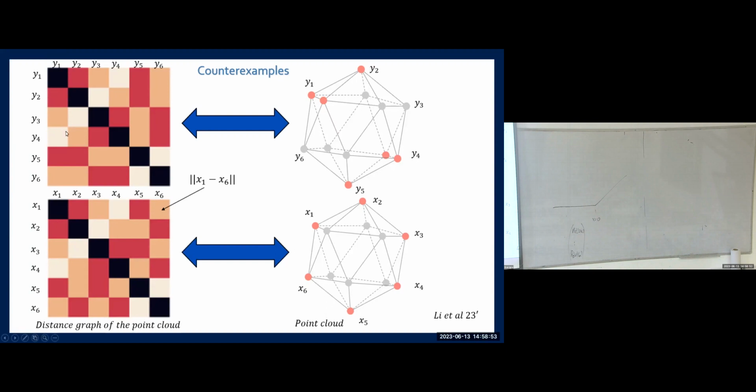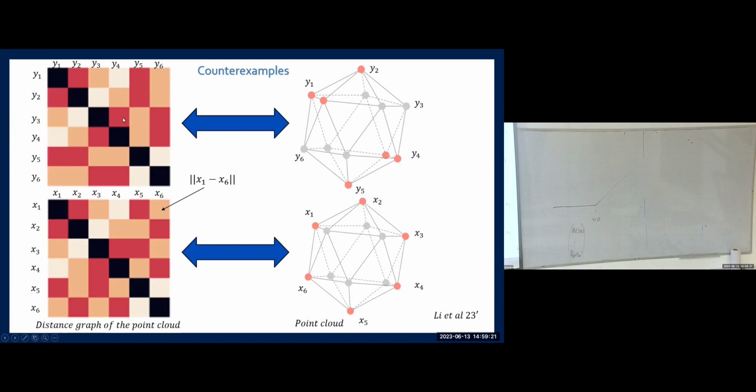So on the left we see the distance matrices here. Each row in the distance matrix has exactly the same histogram of colors as the other rows, right? Each row has 2 reds, 2 kind of oranges, and 1 orange white color.